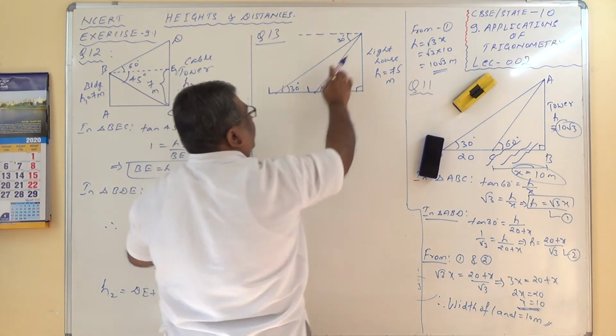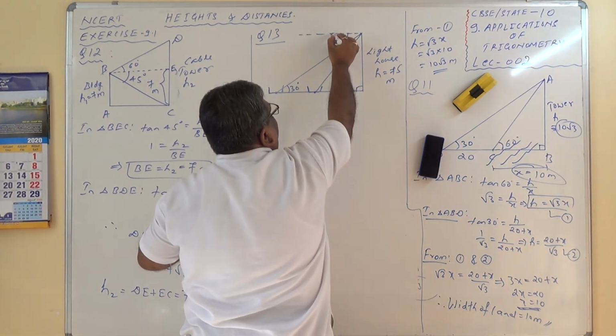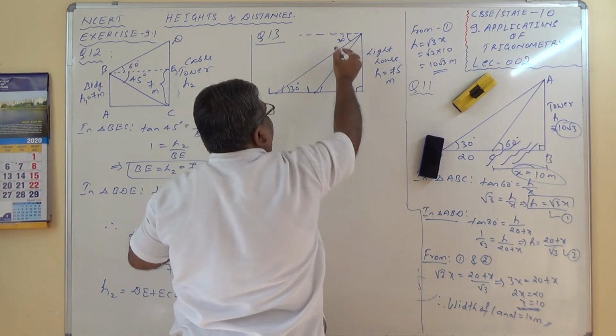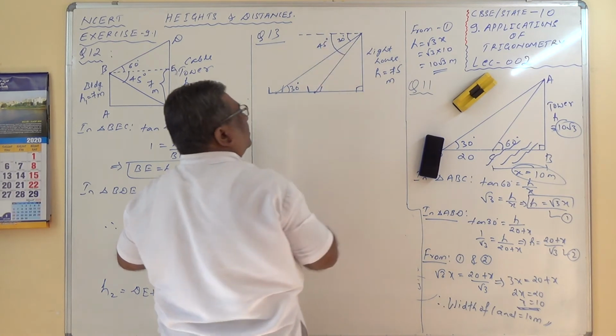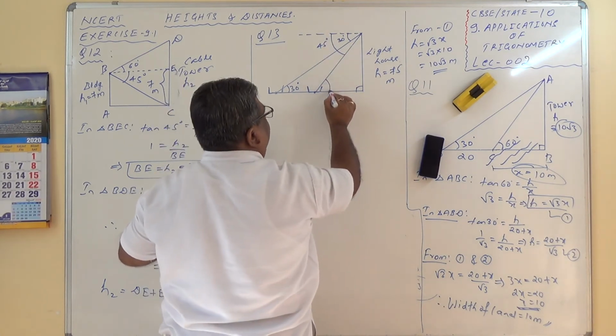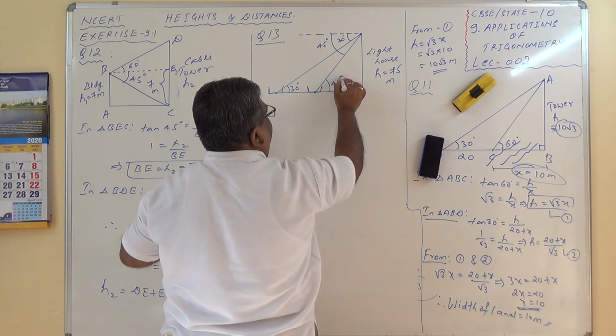Another ship, when observed from top of the lighthouse, the angle of depression is 45 degrees, and therefore this also is 45 degrees.